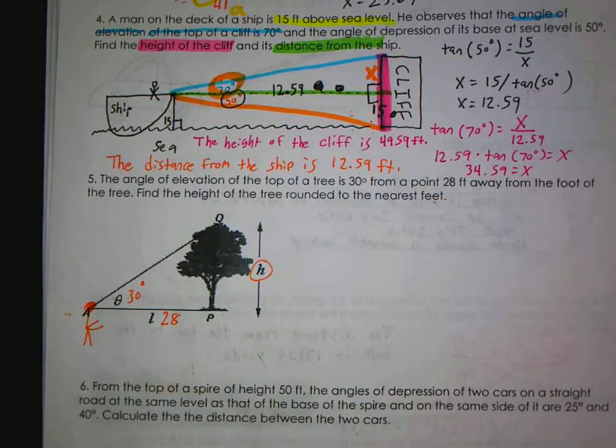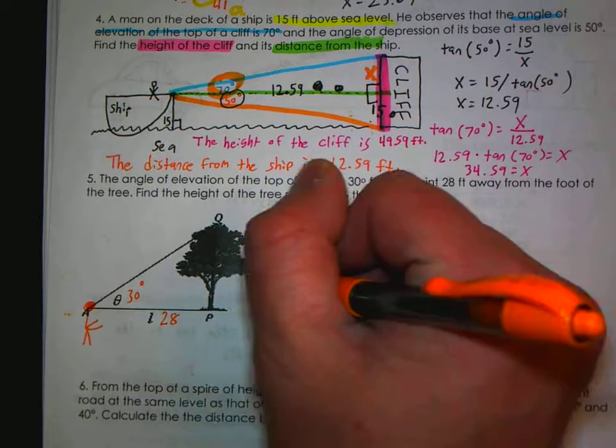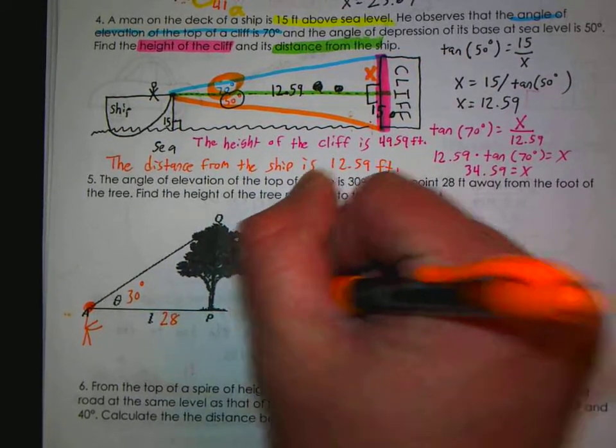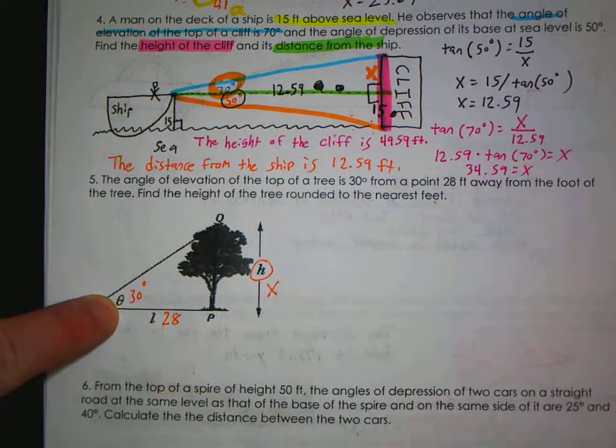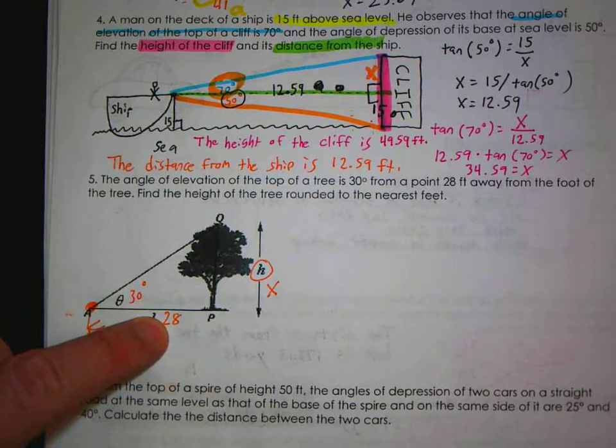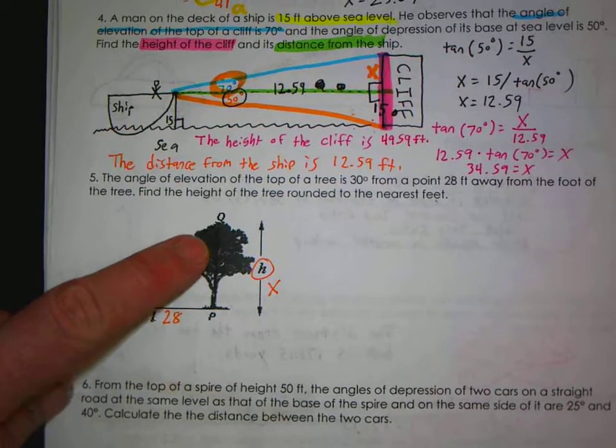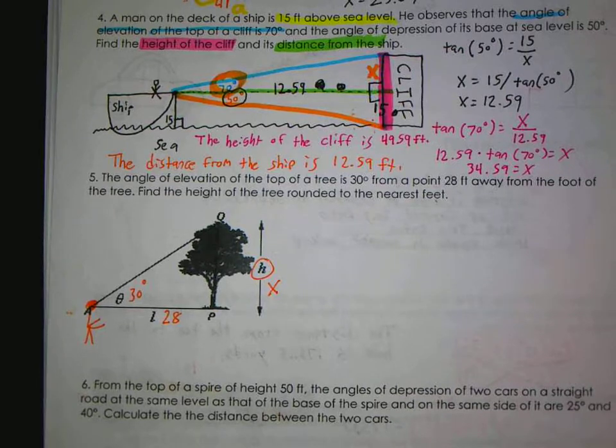Find the height of the tree. So what is h? And I'm going to change h to x so we don't get confused with hypotenuse, okay? So if you know the angle of elevation to the top of a tree and you know how far away from a tree you are, you can figure out how tall the tree is.